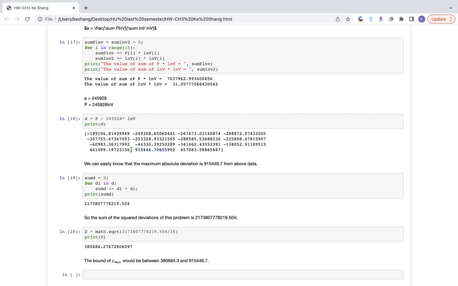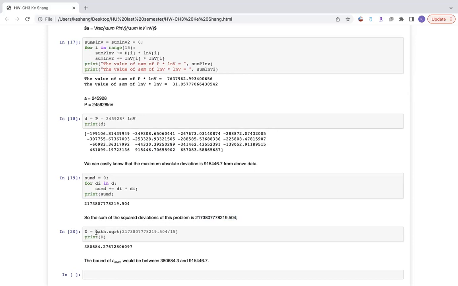This number is pretty large. From all of this data, we calculate the summation of the squares of the deviations using this for loop. We get this huge number.